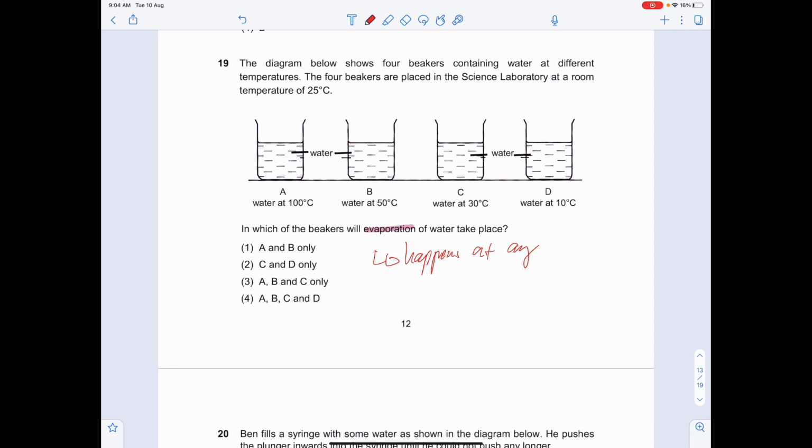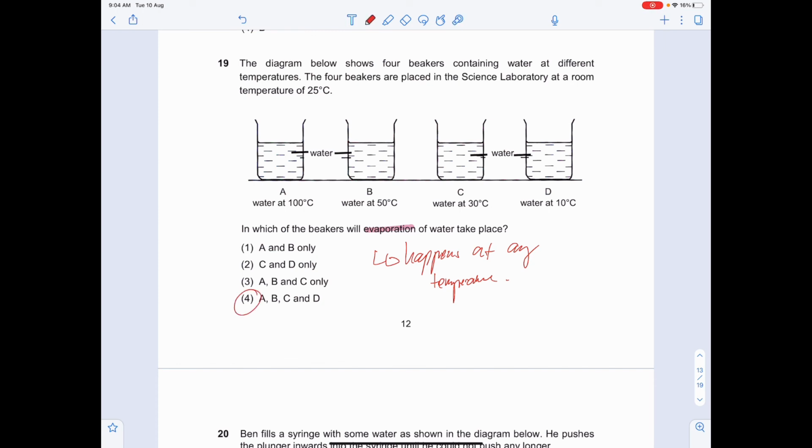So it doesn't matter at what temperature the water is at, as long as it's above melting point and below boiling point. So in this case, the answer would be 4.